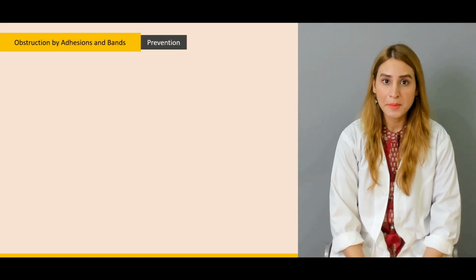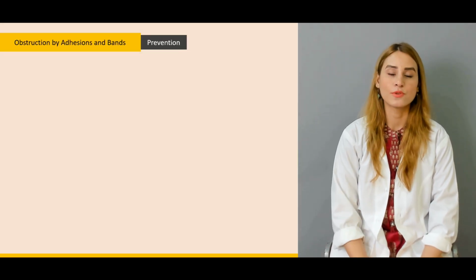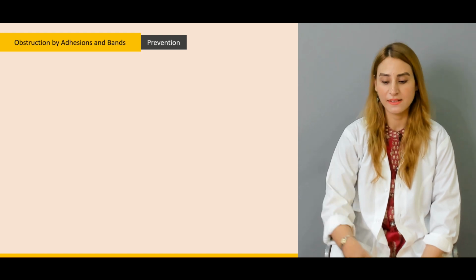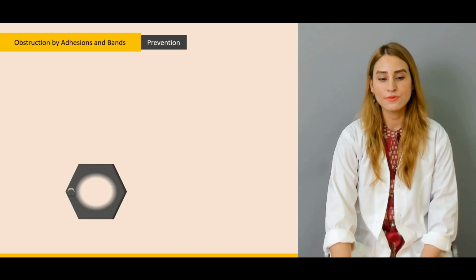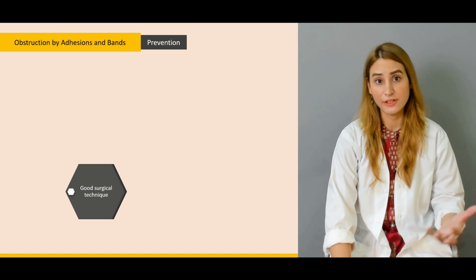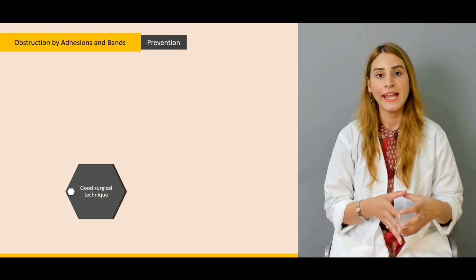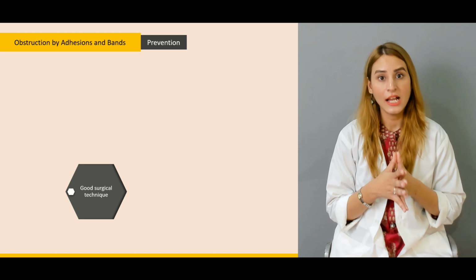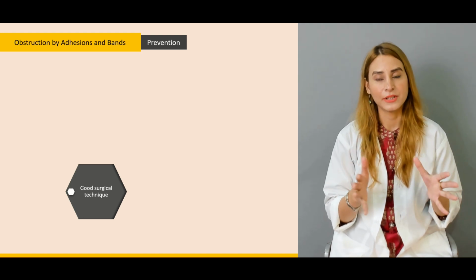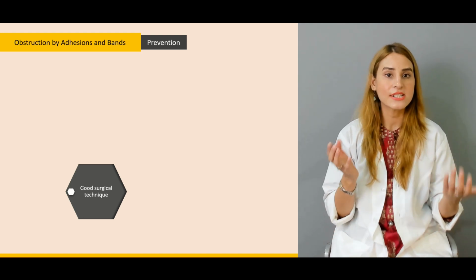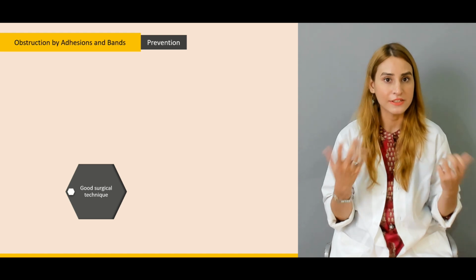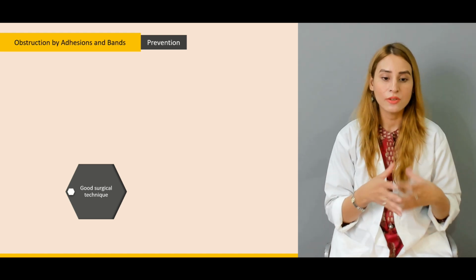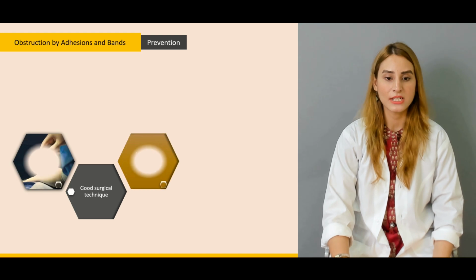So there can be some preventive strategies for the adhesions and the band formation. You have to use good surgical technique, and you have to be very careful whenever you're performing abdominal surgeries, especially while using the suturing material, so good surgical technique is very important.